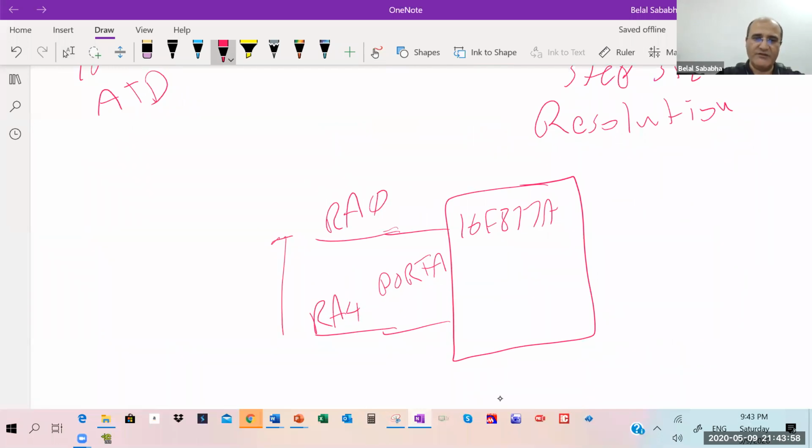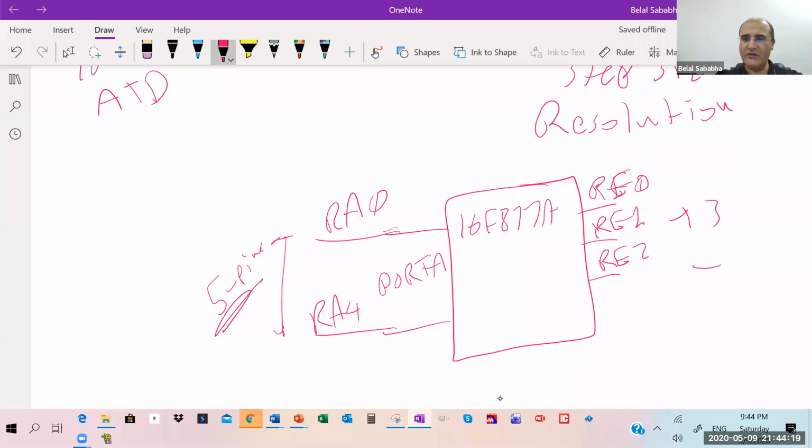Those are 5 pins. And I have port E0, port E1, port E2. 5 plus 3 equals 8 channels.